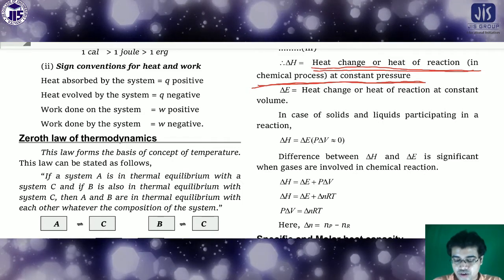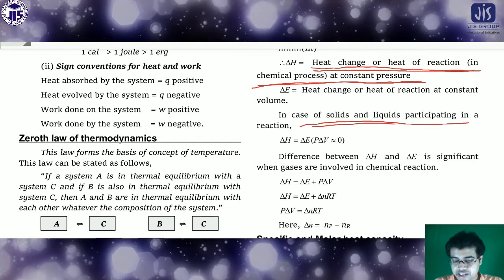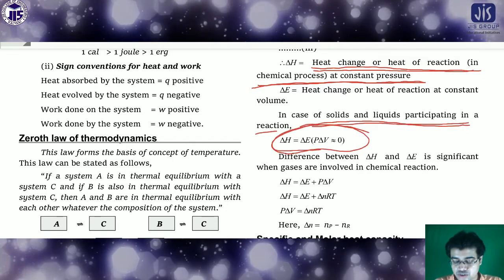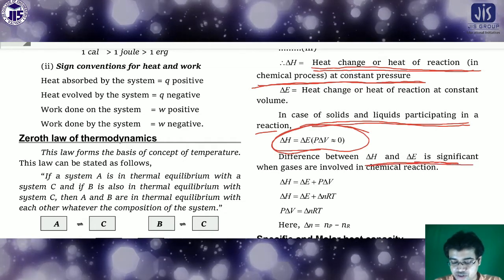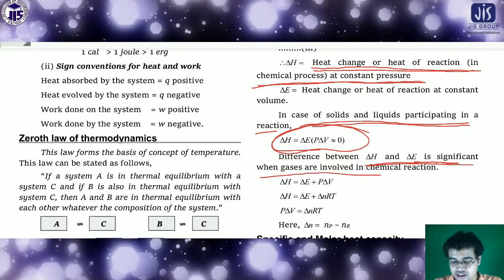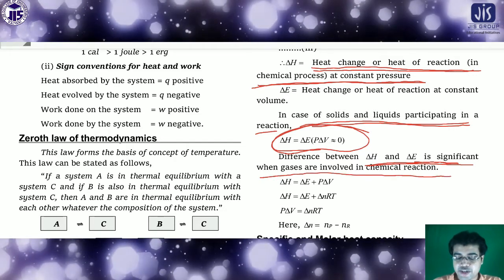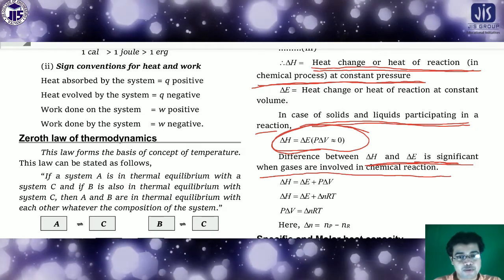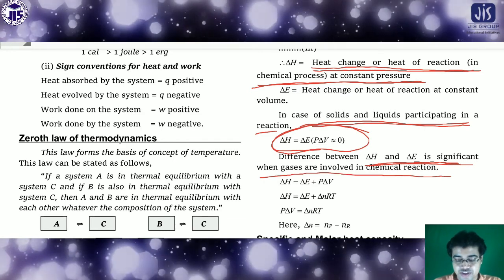In case of solids and liquids participating in a reaction, delta H equals 0. The difference between delta H and delta E is very significant when gases are involved in the chemical reaction, because for solids and liquids the change of enthalpy will be 0, but for gaseous substances you have to consider both.